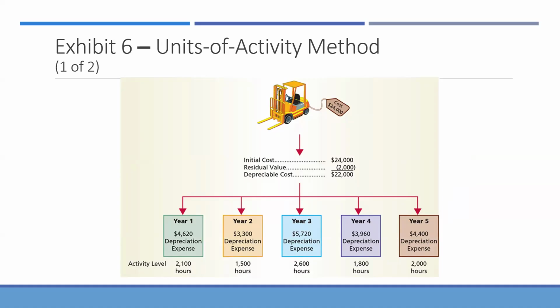Looks like we're estimating this to be used for about 10,000 hours. We divide the $22,000 depreciable cost by the 10,000 hours. And then, right, 2,000 hours would be 4,400, and less hours in year two means that our expenses are lower in year two.